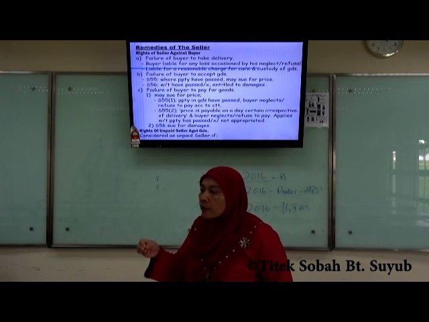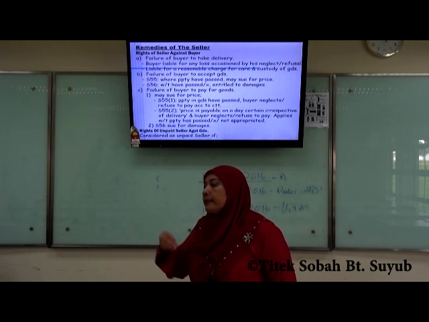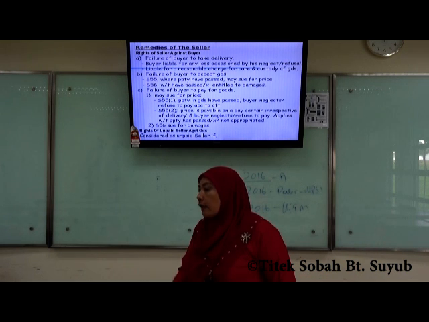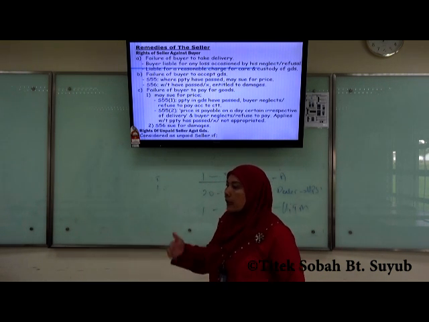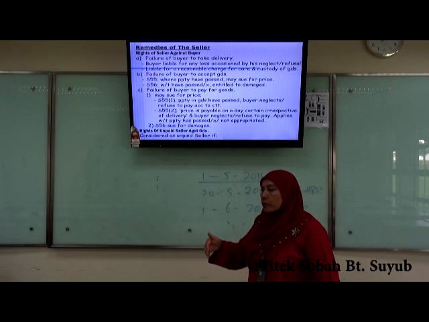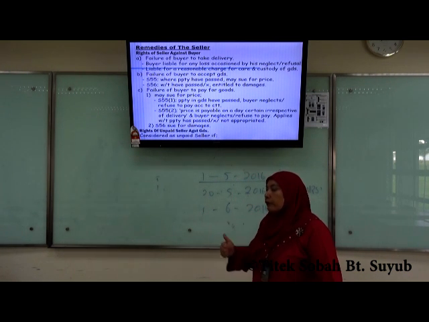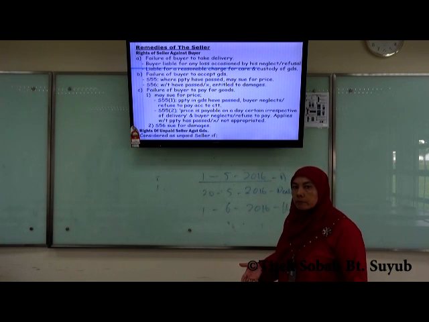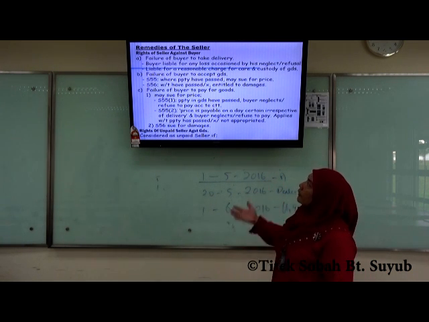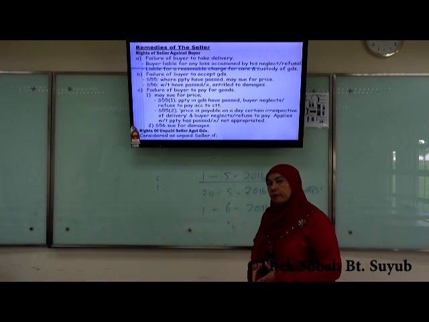However, the buyer did not take the goods back home. He just left the goods there. He never asked the seller to deliver the goods. Maybe the buyer says, okay, I'm going to pick up these goods this weekend. However, the buyer fails to do that. It has been 2 months already. So we can say that is failure of the buyer to take delivery.